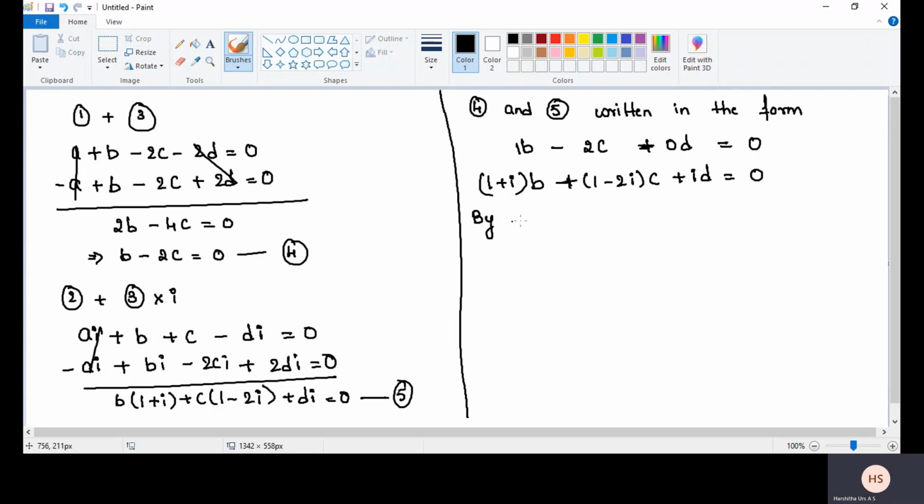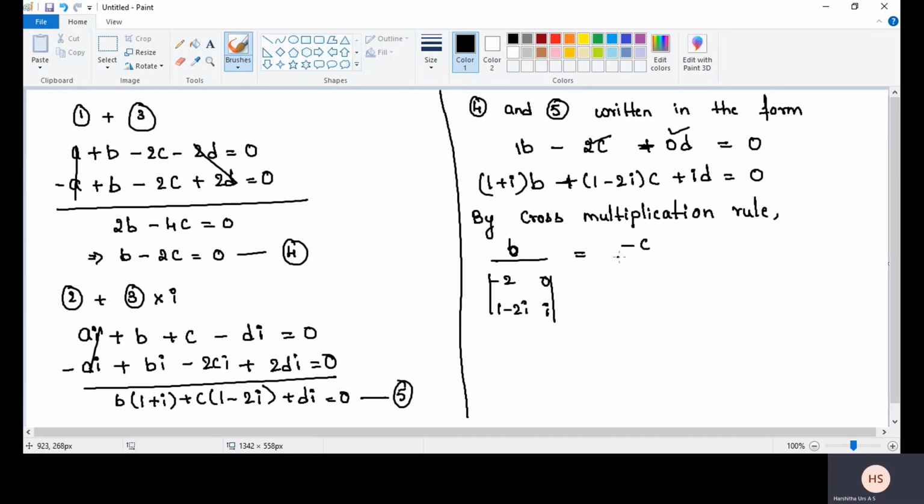By cross multiplication rule, the first term is b divided by determinant of, we have to write the coefficient of c and d, that is minus 2, 0, 1 minus 2i, i, with sign we have to mention.